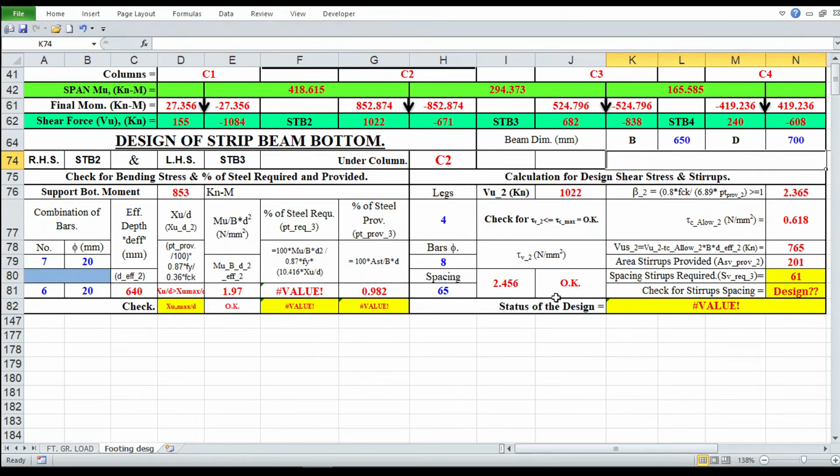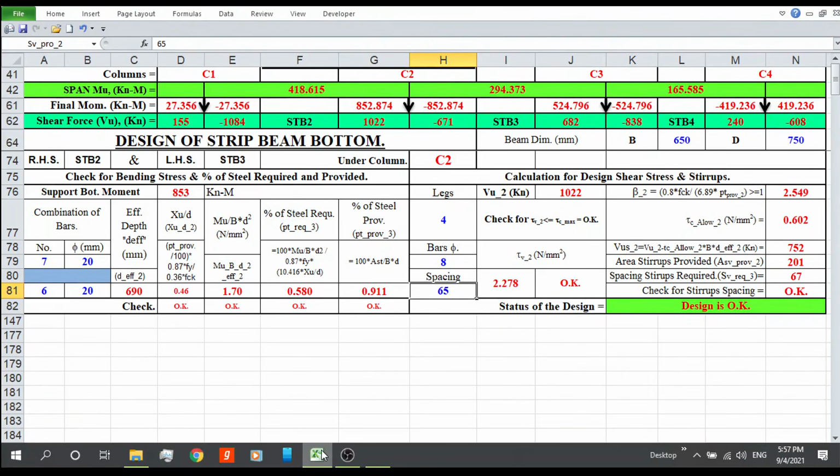The depth 700 is not sufficient, so we're changing to 750 once again. Okay, here spacing required 67, but we have provided 65, so it is okay. If we change it to 100, the status of the design will be changed. Check the design. Design status: design is okay.